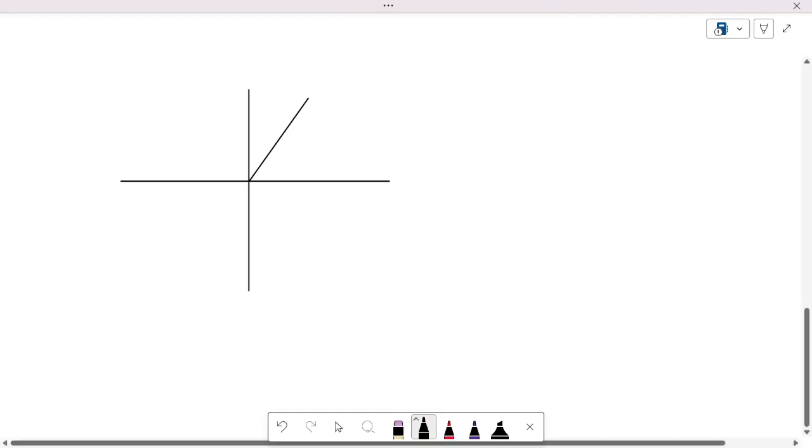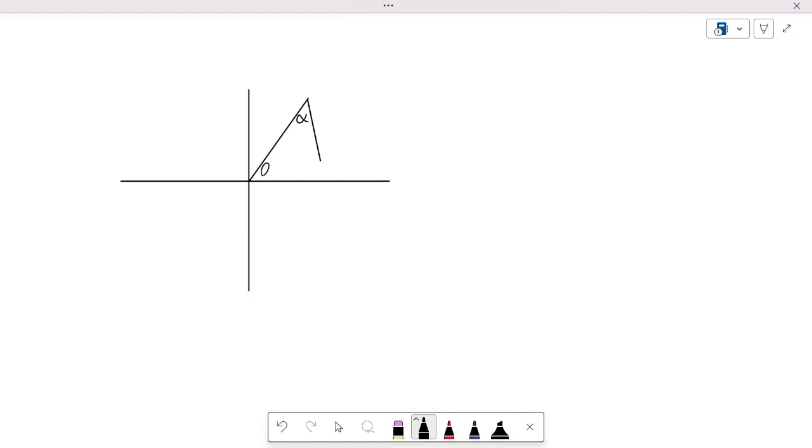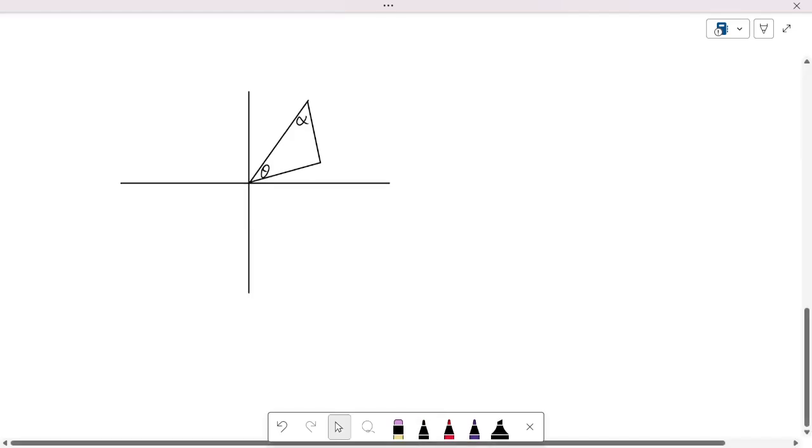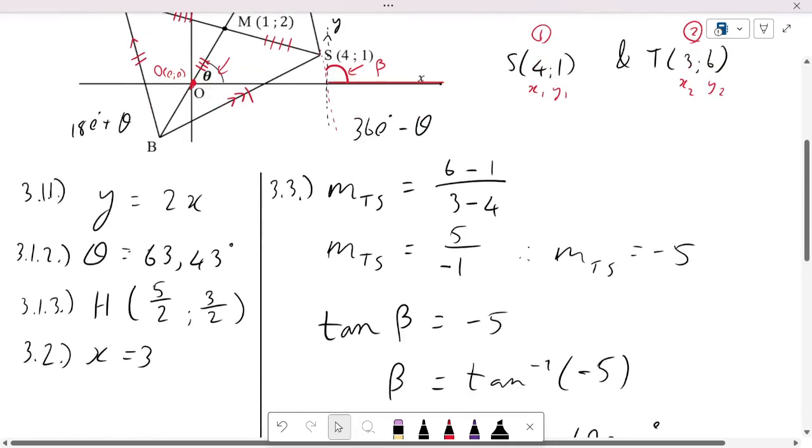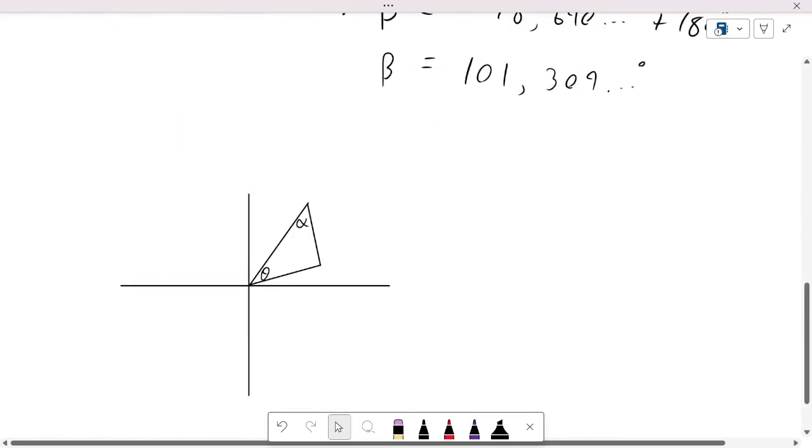Here's our alpha, and here's our theta, and then we had this triangle going back like this. Sorry, it was actually going back like this, somewhere here, such that it was parallel to that. But that's not important here.